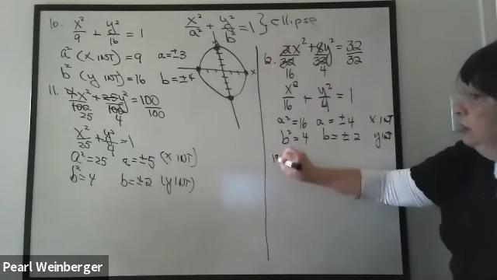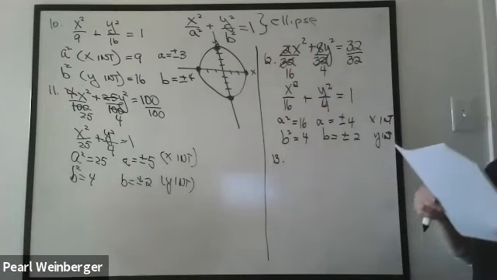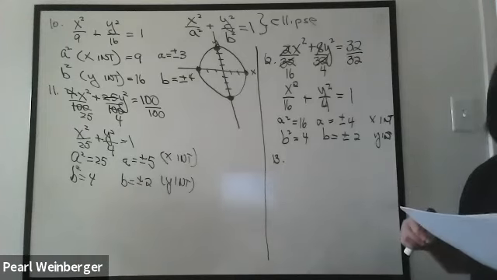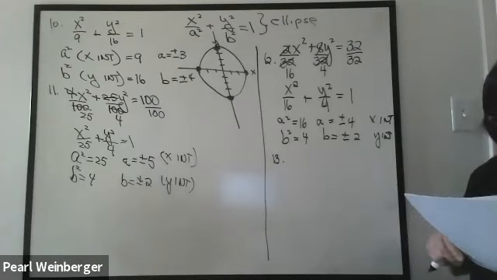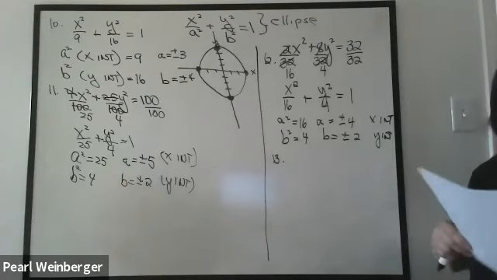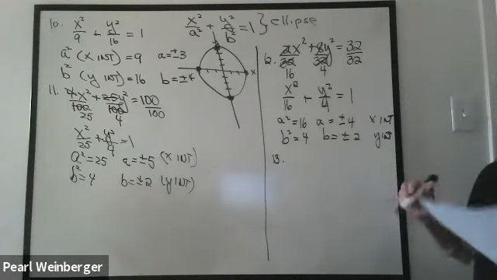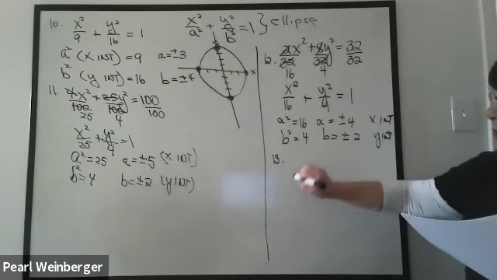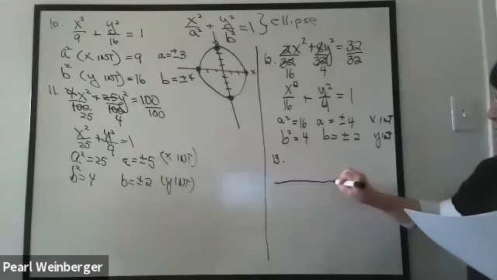Question number 13 says, the major axis of an ellipse is 10 and lies along the x-axis. The minor axis is 8 and lies along the y-axis. Find the equation of the ellipse. So let's just do a quick sketch of this.